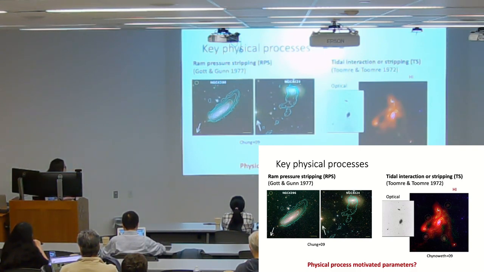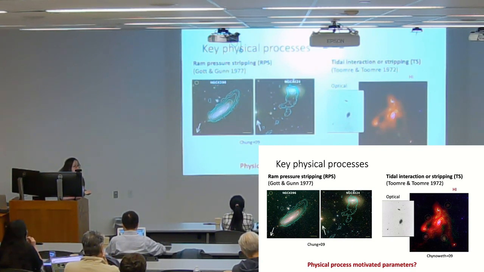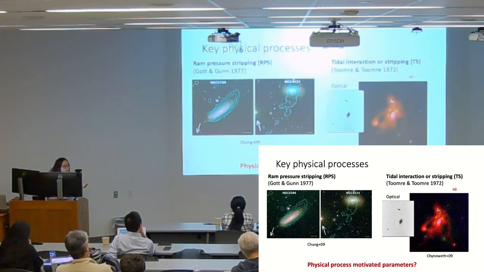So can we use physically motivated parameters to describe environmental effects instead of location-motivated environmental parameters? Those location-motivated parameters are like a black box. They mix different effects. But in order to understand galaxy evolution, we actually need to differentiate the different effects, the different mechanisms.